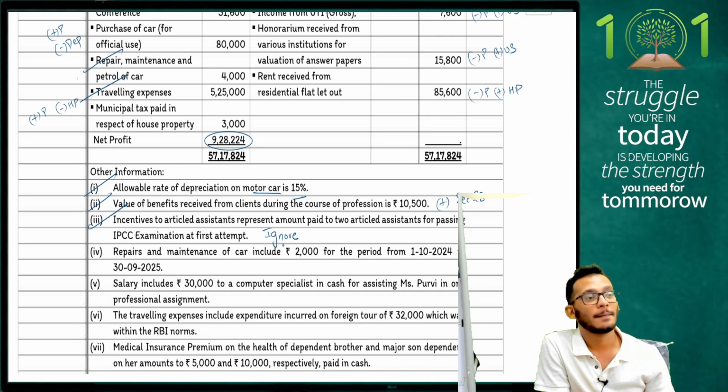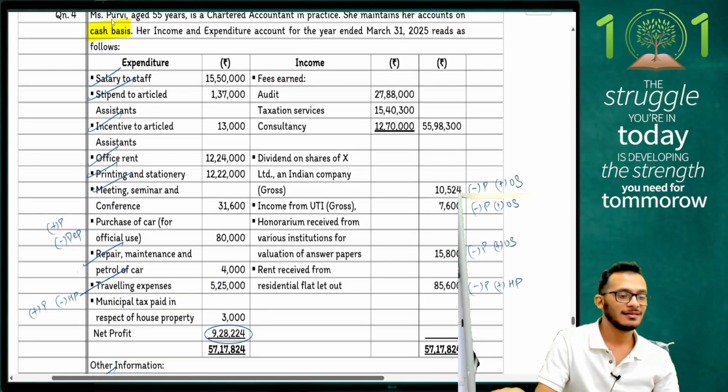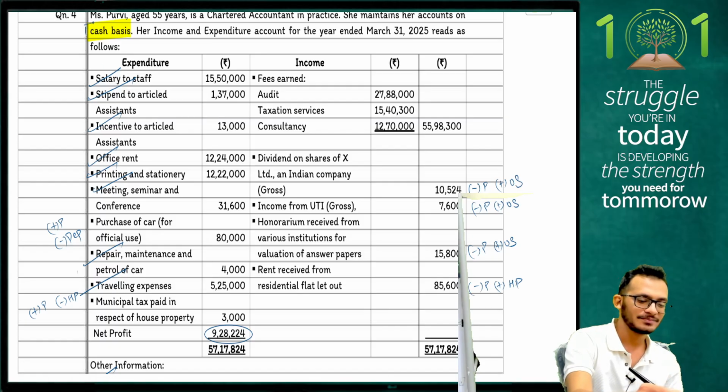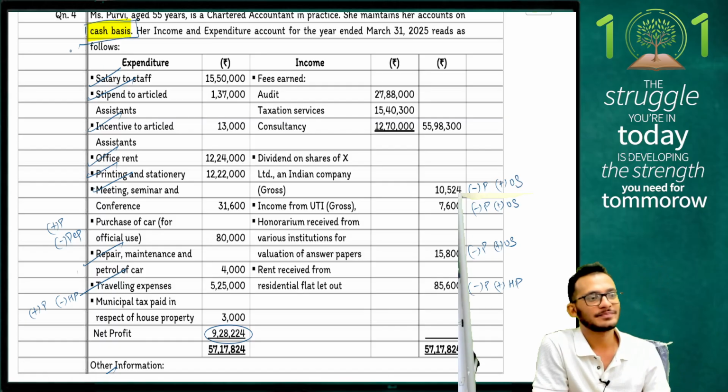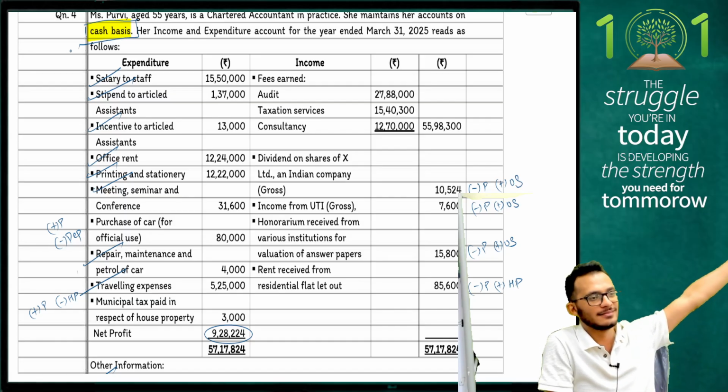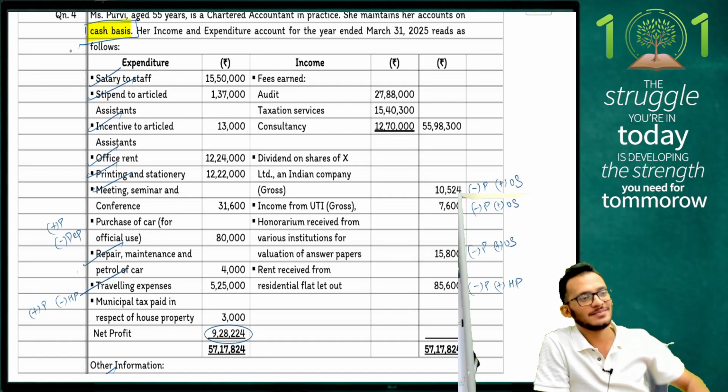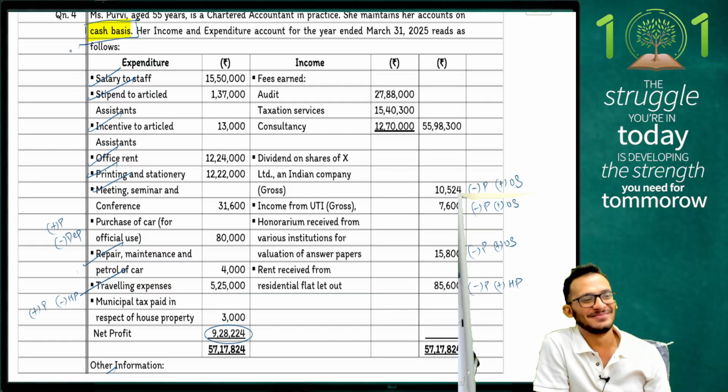Balance 1000, I will, because of accrual concept. Cash basis. What about income tax?